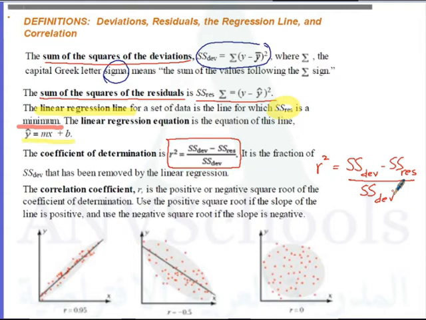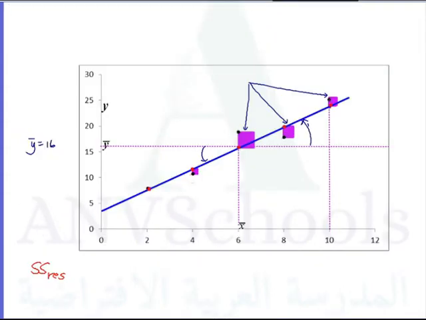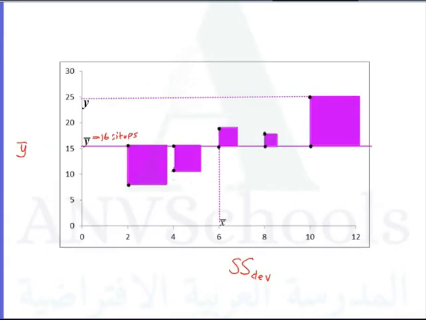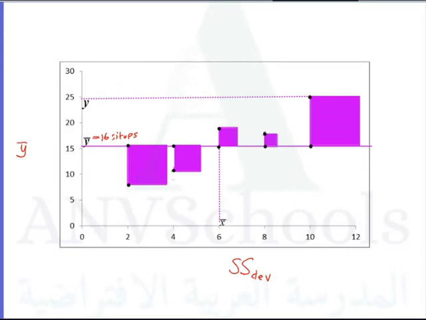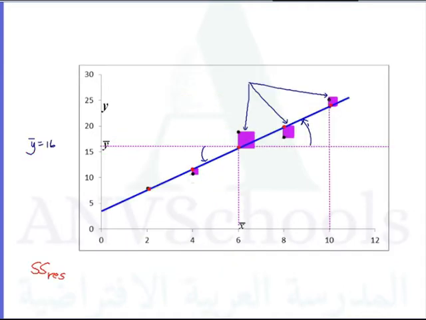removed by linear regression. Meaning, as in here, these are the squares of our residuals, but here, these are the squares of our deviations. So you can see that there is a big removal, because this is our first square, the SS dev, compared to the SS res here.